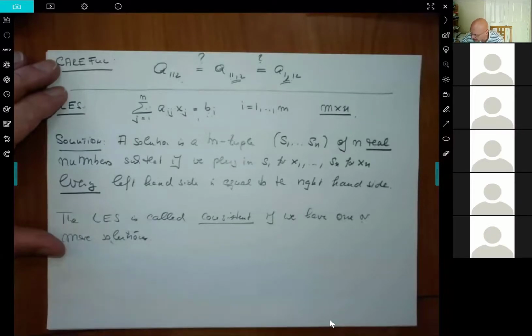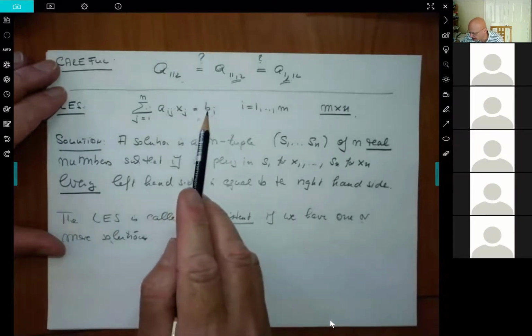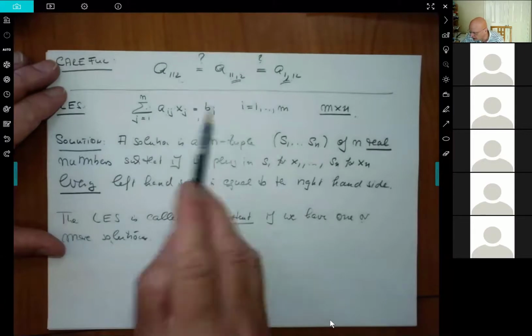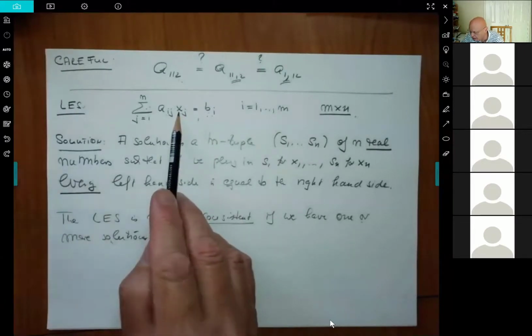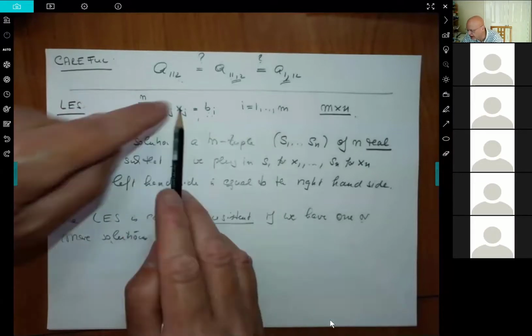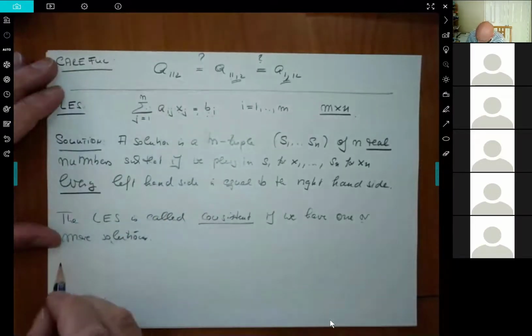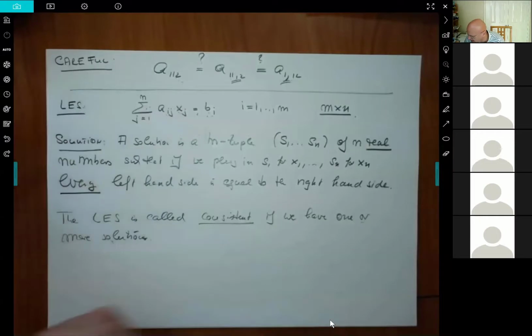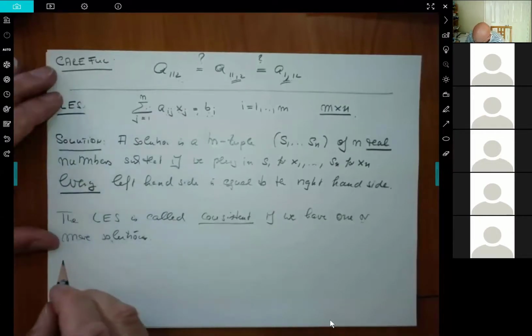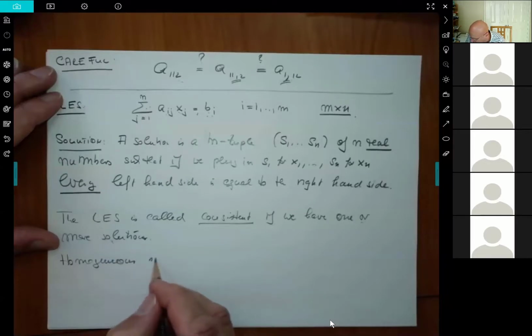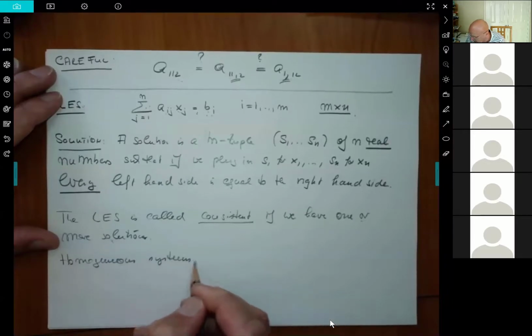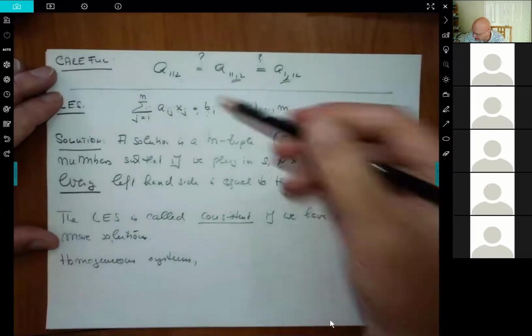And now the nice thing about homogeneous equations, so if every b is 0, then for sure if you put all x equal to 0, you have a solution because always 0 equal to 0. So this is one thing which is nice about homogeneous systems. So homogeneous systems means all the right-hand sides are 0.